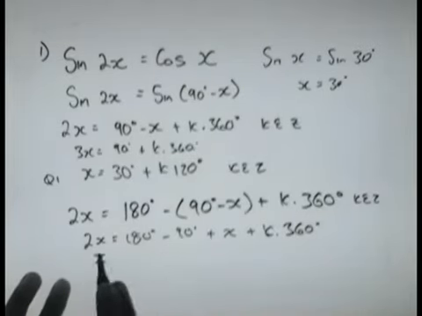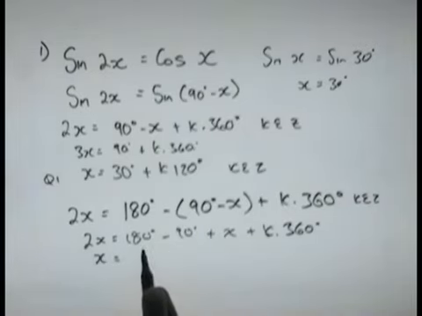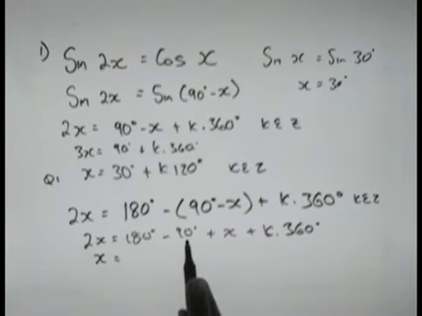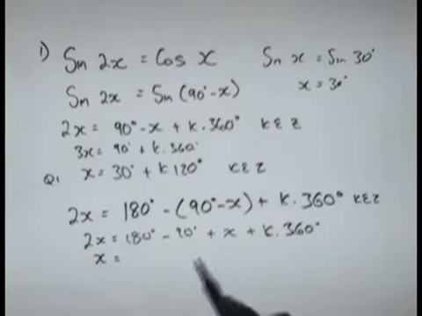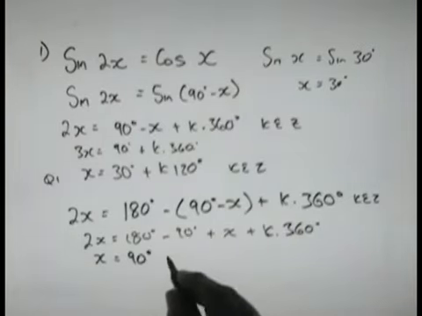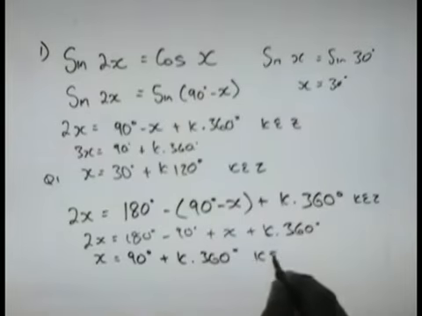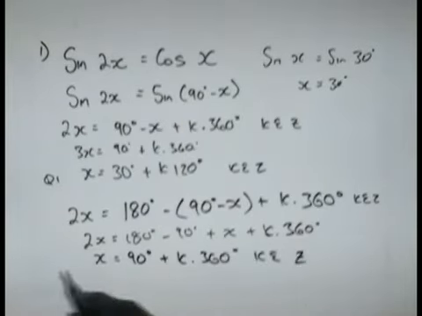That means that 2x minus x, which is just x, is equal to 180 degrees minus 90 degrees, which is equal to 90 degrees, plus k times 360 degrees, again where k is an element of integers, and this is the quadrant 2.